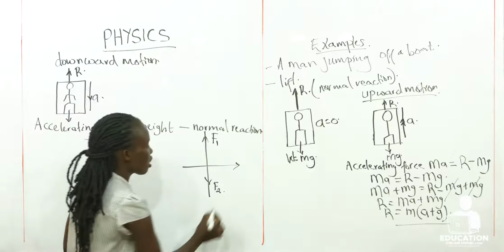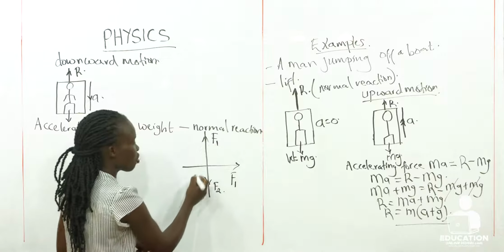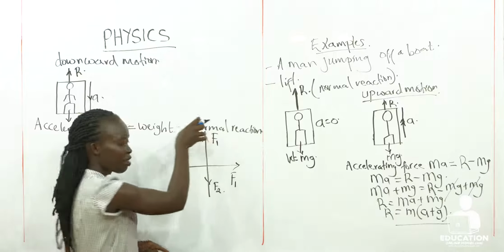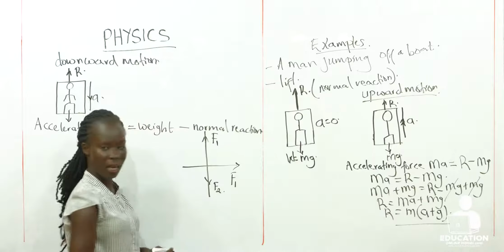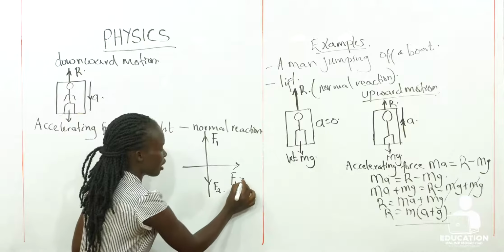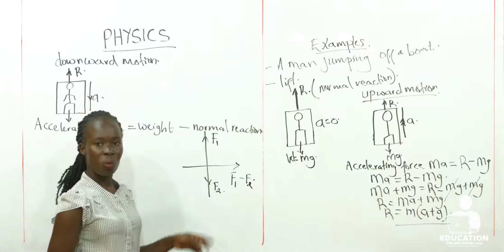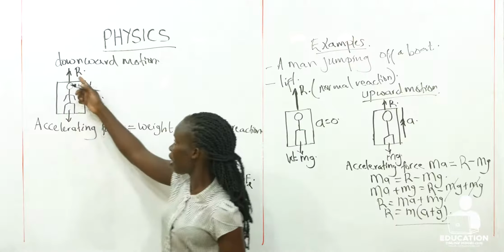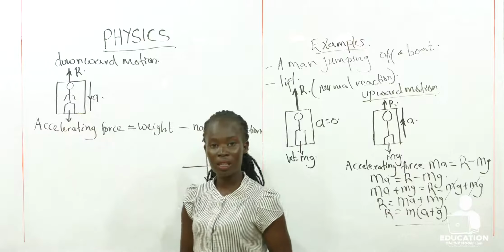I have taken F1 because it is taking the positive, and this side downwards is taking the negative. So I will take our F1 minus the F2. That is why we are subtracting the normal reaction from the weight.